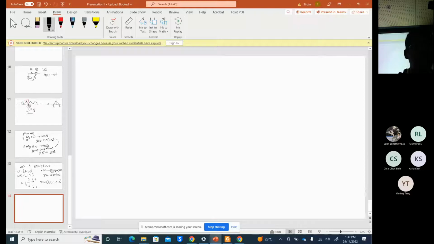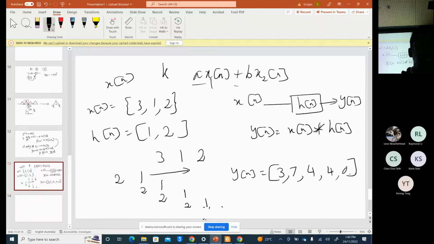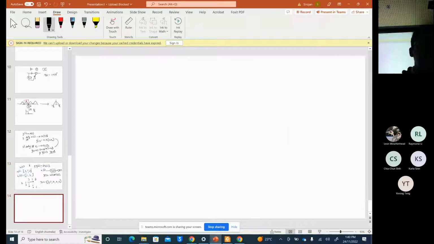So this one. What happened? 3, 1, 2. Xn becomes 3, 1, 2. So you can take the Z transform of this. How do you take the Z transform of this one? Xz.